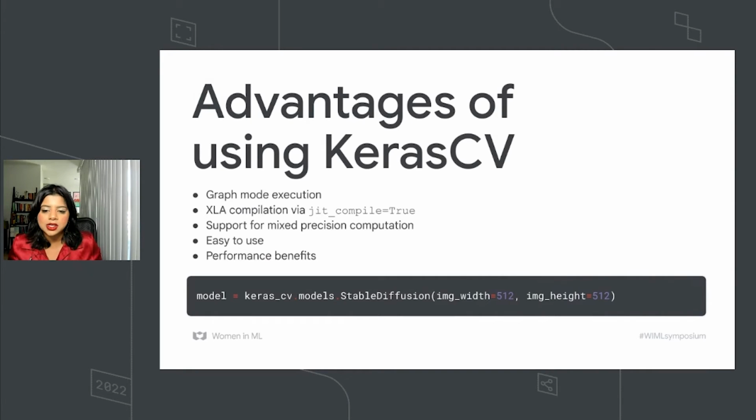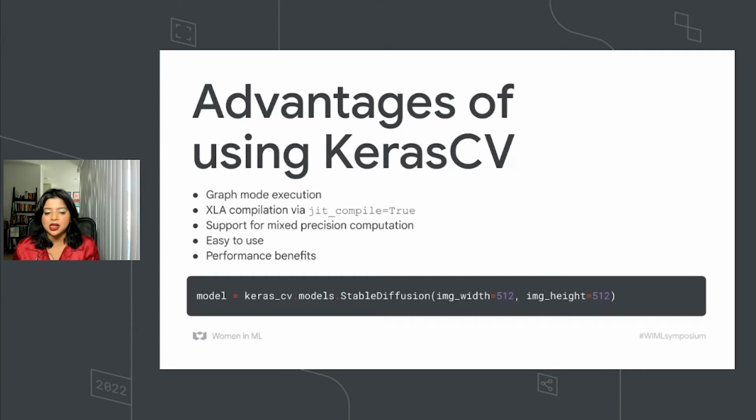But before I get started, there are a few advantages of using KerasCV as opposed to other Stable Diffusion models out there. One of the other Stable Diffusion models out there is from Hugging Face, and we'll run a comparison to it later. But before I get to that, I'll talk more about the specific benefits of KerasCV, which is you get graph mode execution.